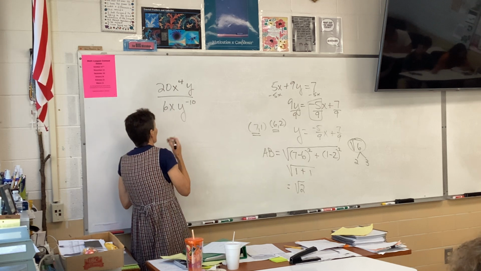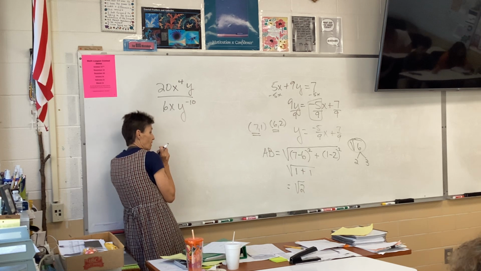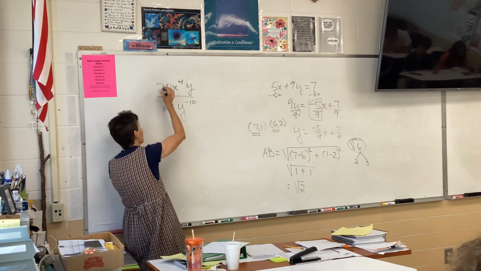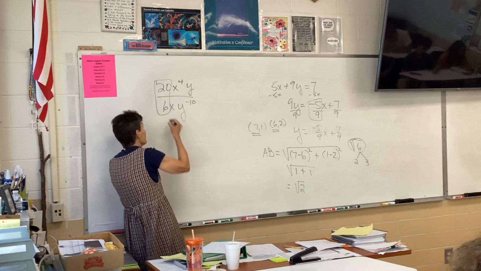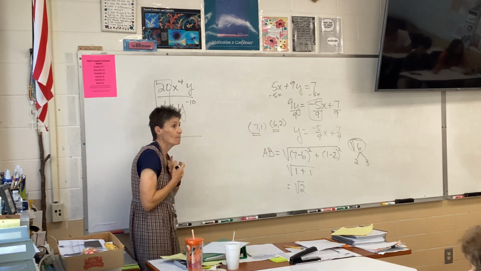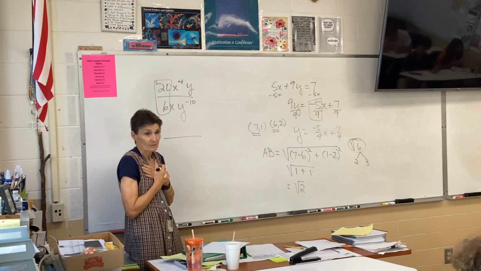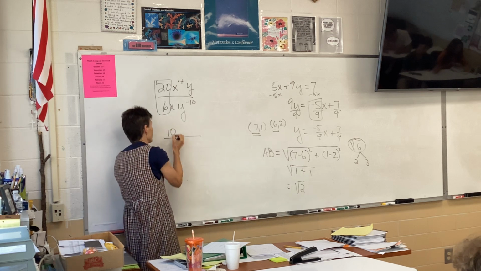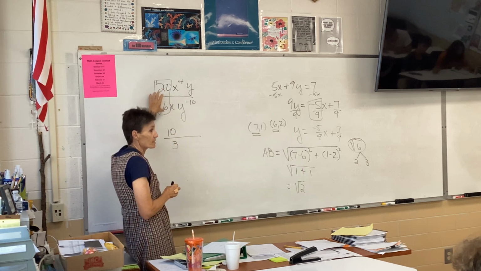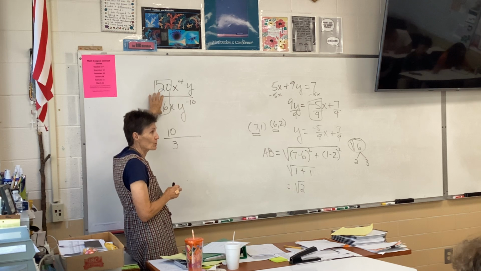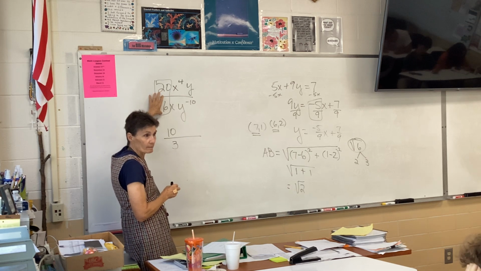Personally, I'm doing 1 letter at a time, or 1 number at a time. So what can I do with 20 over 6? This is my style, it doesn't have to be yours. But what do I know about that? 10 over 3. Those are just numbers, it's just a fraction.